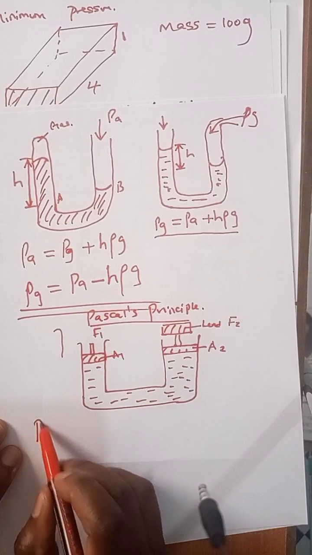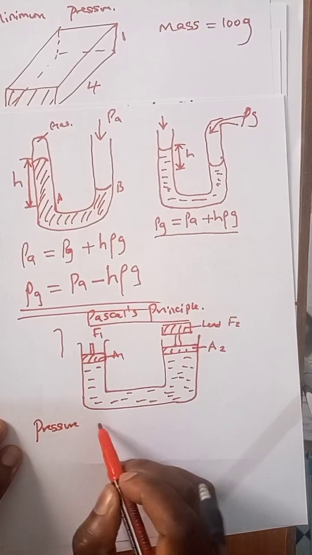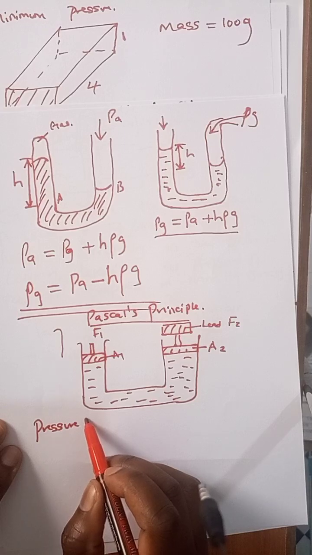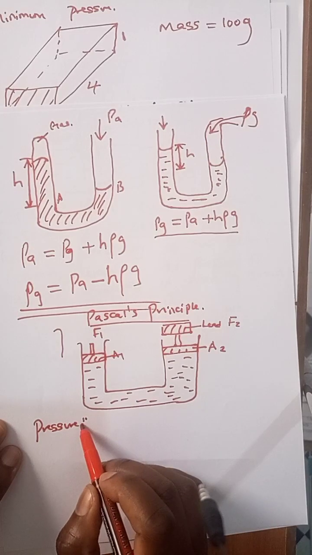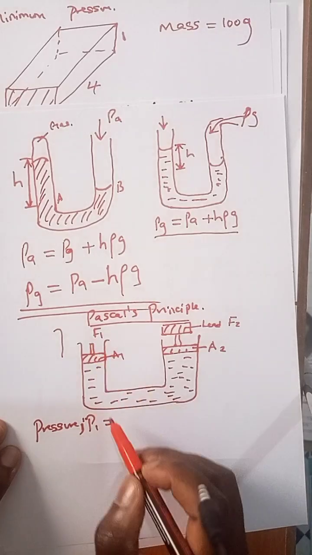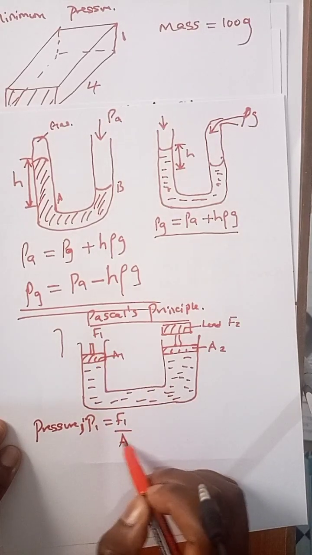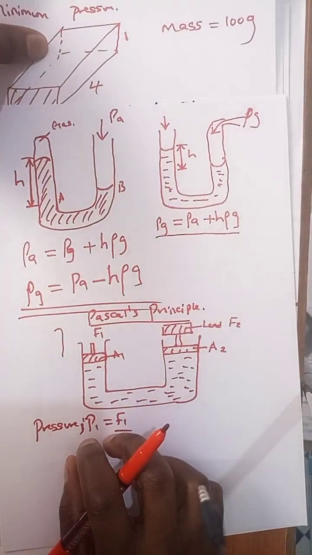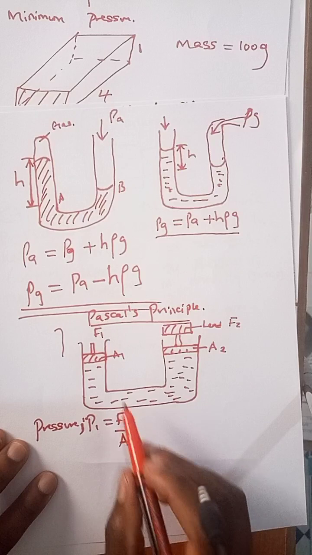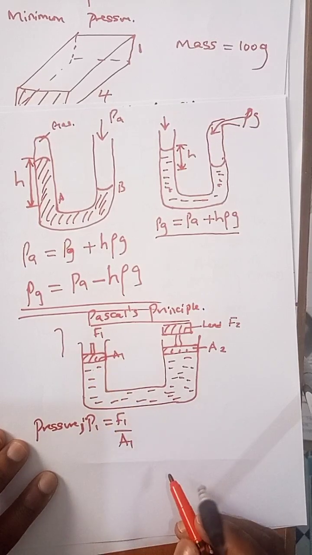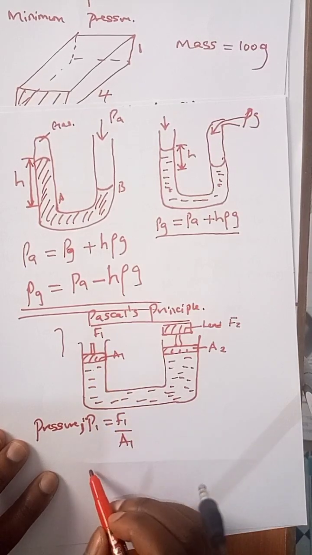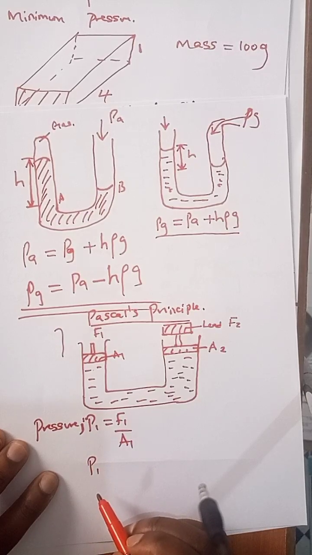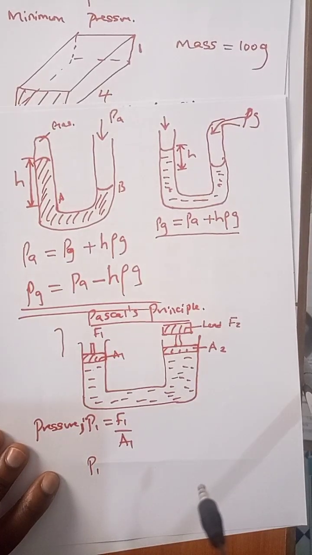So pressure applied at point 1, we call it P1, is therefore force 1 over area 1, while the pressure applied at this point is P2. According to the principle of transmission of pressure, pressure applied at one point is transmitted equally to all the other parts of the enclosed liquid.